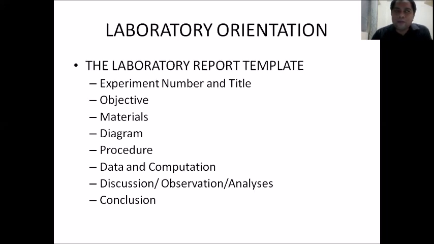If you are able to figure out a pattern for the several sets of data in several trials, then that's analyzing, creating a trend or predicting a trend or a pattern. Okay, so this is the part called discussion, observation, analysis, and again, some hints on how to do that.